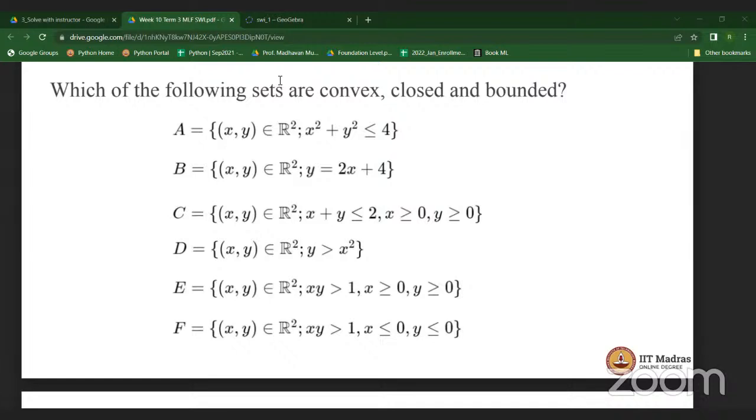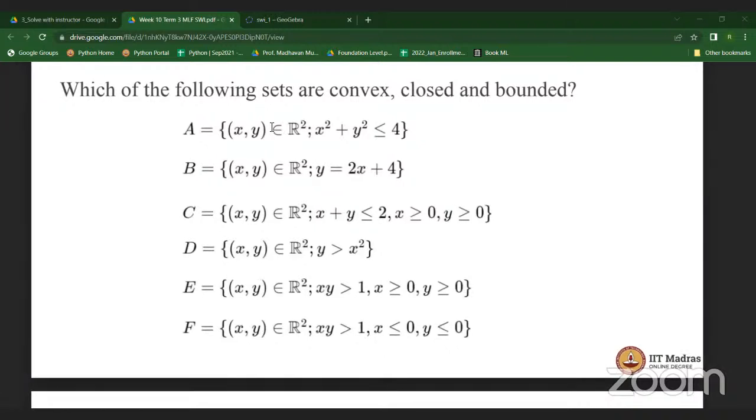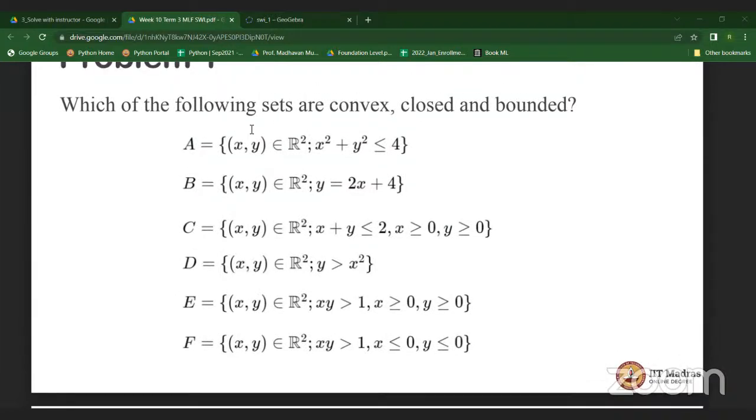This is not an MCQ question, so more than one option could be correct. Please keep that in mind too. For the students who joined now, yes, we are solving a few problems from week 10. This is the first question.